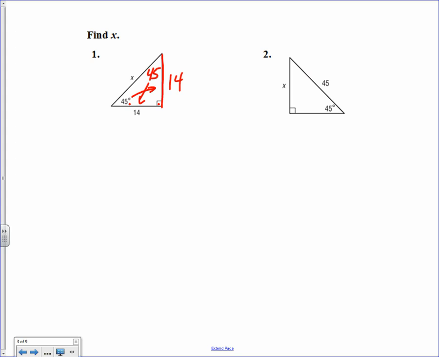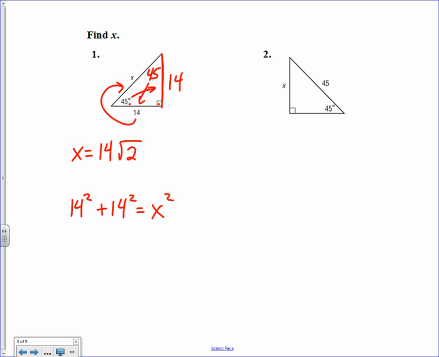Now, to find x from our theorem, we know that we're going to go from one of the legs to x. We're going to multiply by root 2. So x equals 14 root 2. Notice that for now, if you forget that, you could use the Pythagorean theorem, since you know the two sides. The two sides are 14 and 14, and we're looking for x, the hypotenuse.